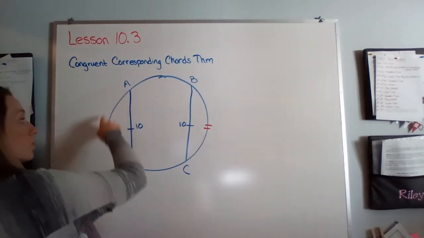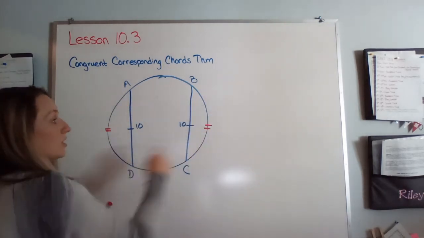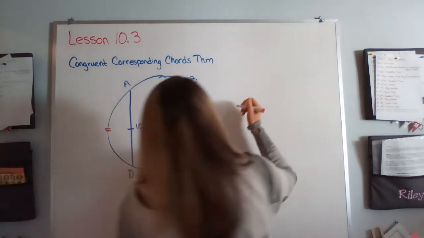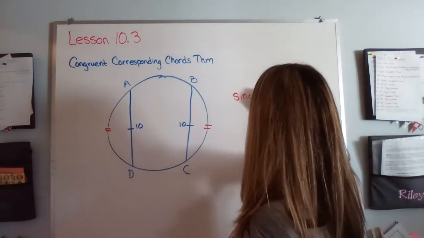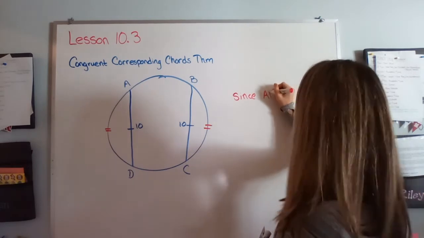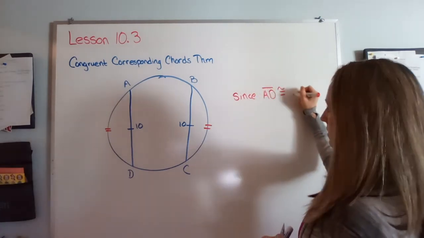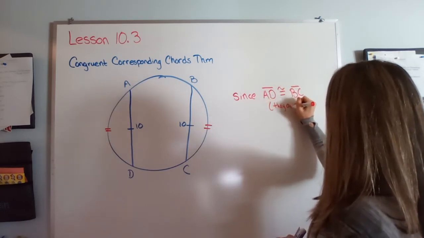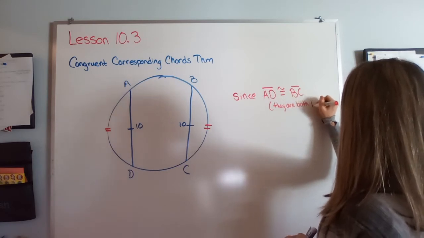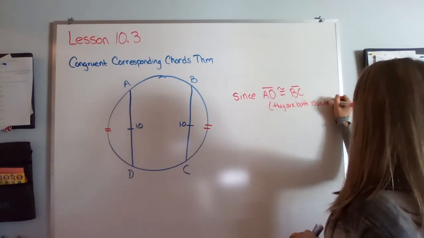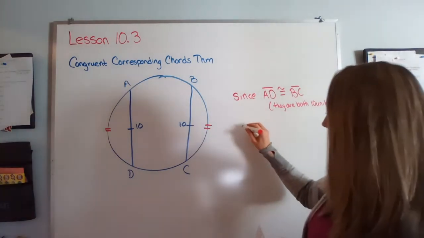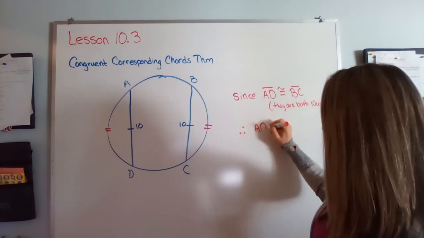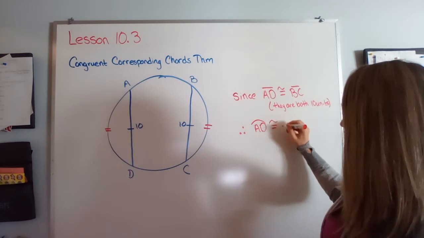If you're told that the arcs are congruent, you'll be allowed to conclude that the chords are congruent. So in my notes I said, since segment AD is congruent to segment BC, they are both 10 units, that allows us to conclude, therefore, arc AD is congruent to arc BC.